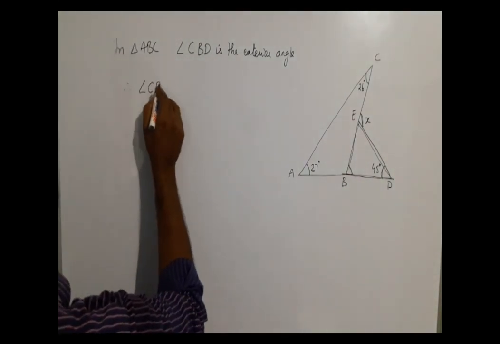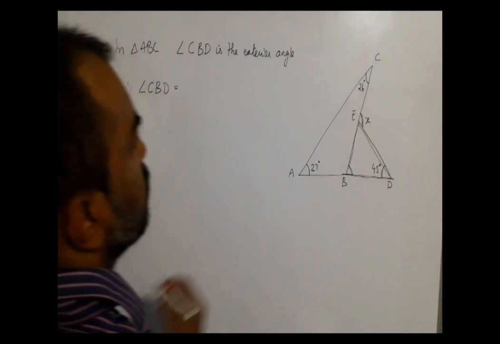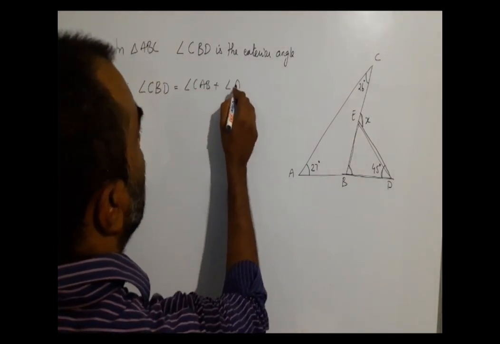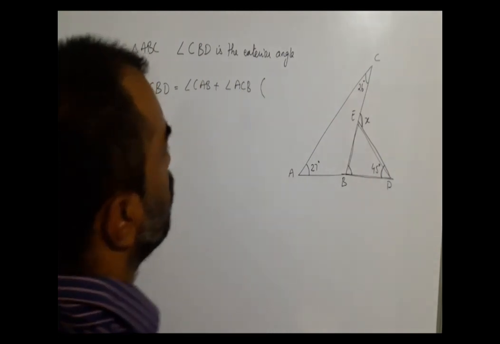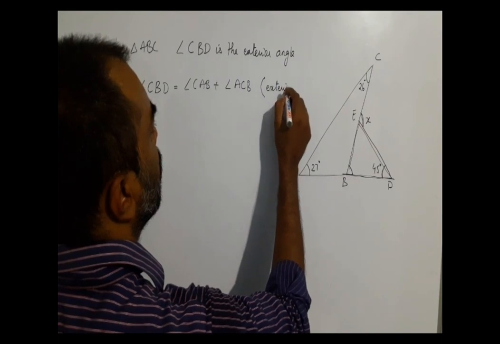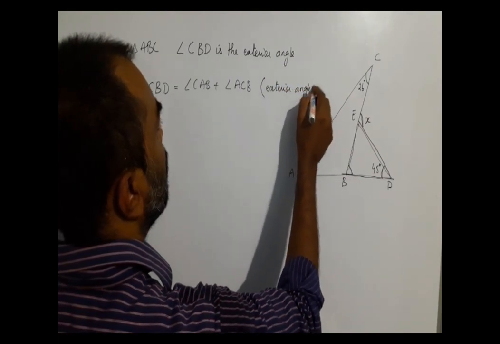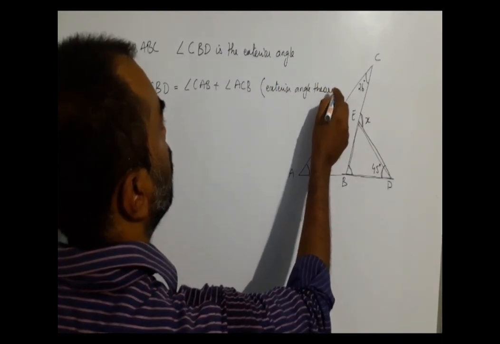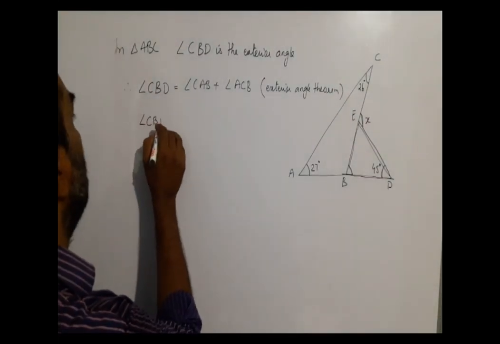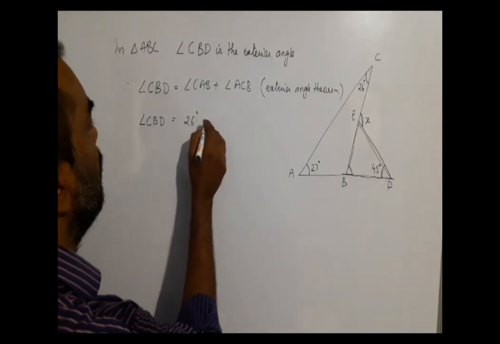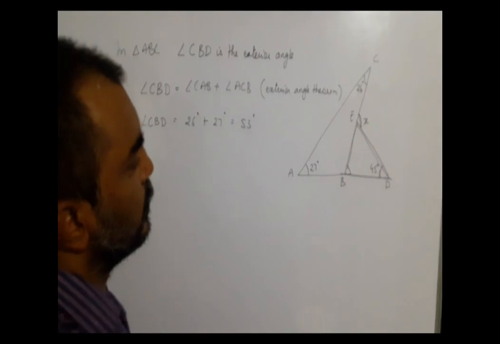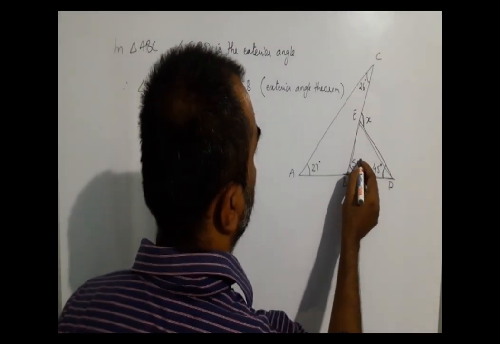Therefore, angle CBD is equal to angle CAB plus angle ACB. What theorem have I used here? Theorem 2, the exterior angle theorem. It says the exterior angle is equal to the sum of the interior opposite angles. So angle CBD equal to 26 degrees plus 27 degrees equal to 53 degrees.